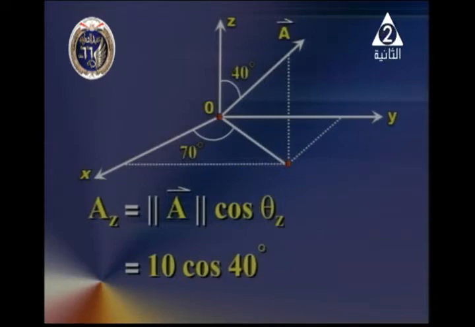What is theta Z? It is equal 40. Then the component of this vector in Z direction, AZ, equals 10 cosine 40 equals 7.66.